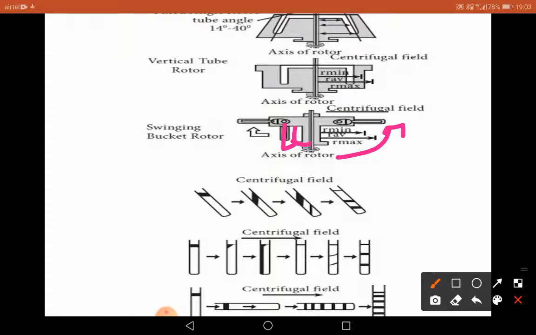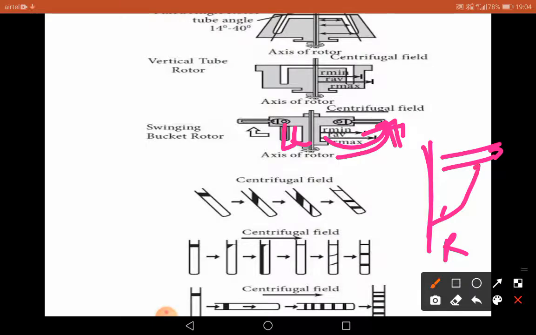It can create this much of angle, so you get a better separation, right? So this is how it becomes completely perpendicular. If this is the rotor and this is your tube, it can swing up till here, almost perpendicular to the axis.